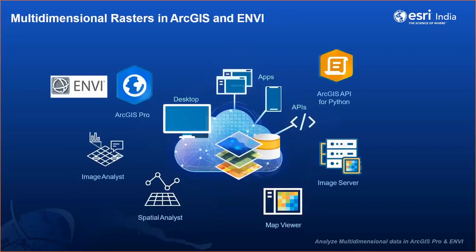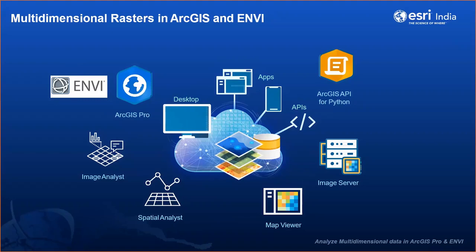So what we can do is access this data in both the ArcGIS and ENVI platforms. GIS and remote sensing professionals who are working on the desktop platform can consume the multidimensional rasters in ENVI and ArcGIS both. But developers who want to develop apps and consume them as service layers and perform the analysis can use the ArcGIS API for Python or ArcPy.